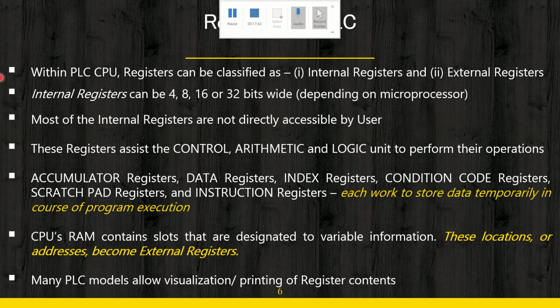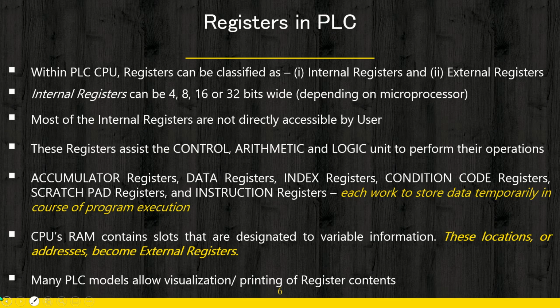Now when we are talking of registers in a PLC, within the PLC CPU the registers can be classified as either internal registers or external registers. The internal registers can be 4-bit wide, 8-bit wide, 16-bit wide or 32-bit wide, depending on the microprocessor that is in the heart of the PLC.